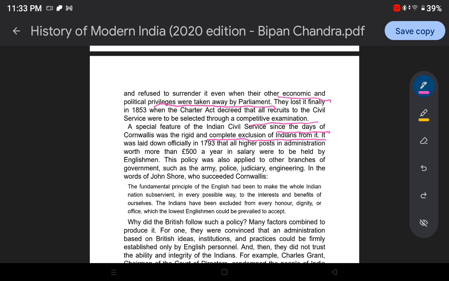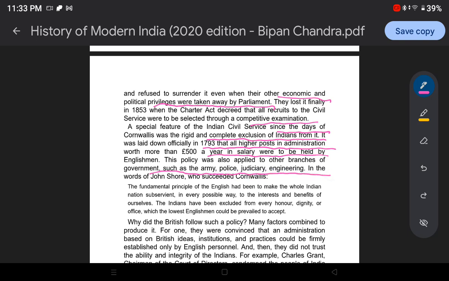It was laid down officially in 1793 that all higher posts in administration worth more than £500 a year in salary were to be held by Englishmen. This policy was also applied to other branches of the government, such as army, police, judiciary, engineering.